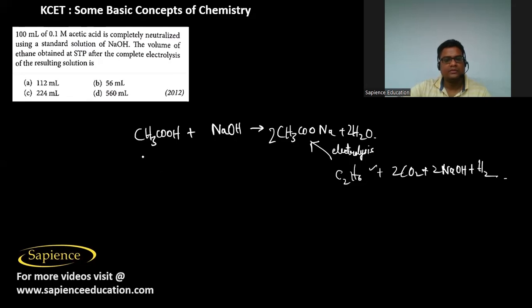Here, from the equation, this is 1 mole, so then half mole will be formed: half mole of C2H6 plus CO2 plus NaOH plus H2.